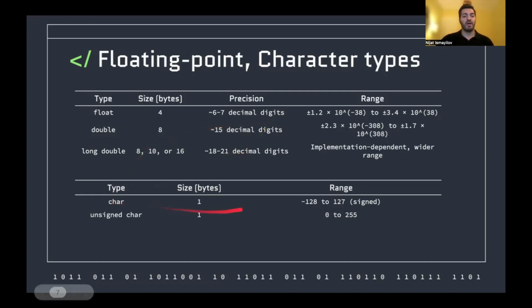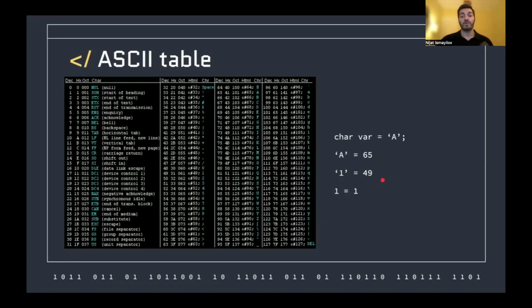Now char type. Char types are usually 1 byte, always 1 byte, and standard char can represent characters that correspond to -128 to 127 for the computer, and unsigned chars are representing chars that correspond to 0 to 255. Now let's talk about chars and see what I mean by that. I know it's a bit confusing because when we look at A, what we see is a character.